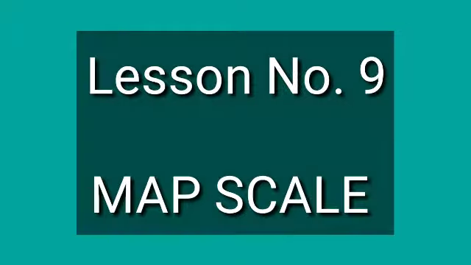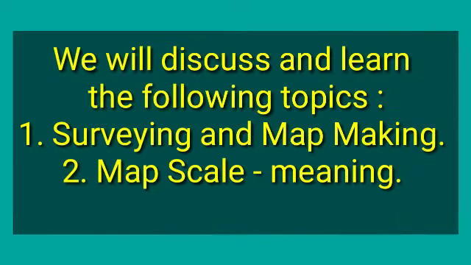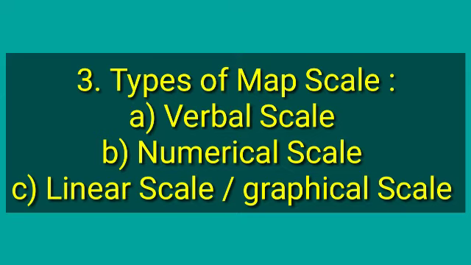Lesson number 9, Map Scale. Today, we will discuss and learn the following topics of lesson number 9, Map Scale. First, surveying and map making. Second, map scale and its meaning. Third, types of map scale. Dear students, there are three types of map scale that we will learn in this lesson.